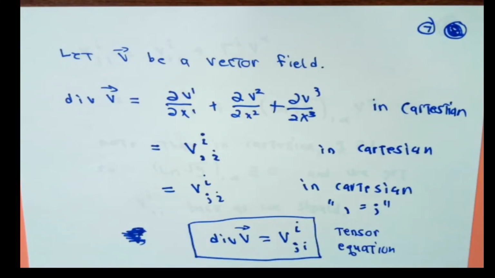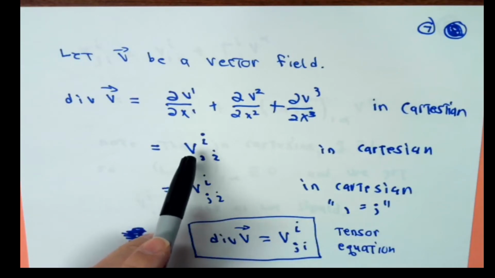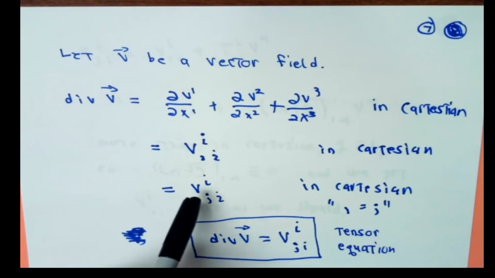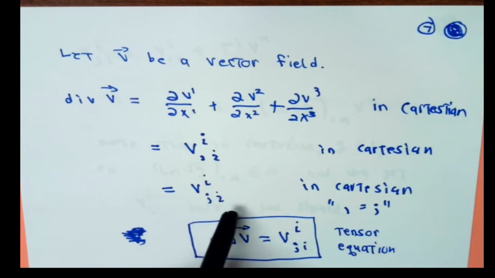If I want to write this in a tensor form, I'll say this equation is true in Cartesian. In Cartesian, comma and semicolon are the same thing. So in Cartesian coordinates, it is legitimate to say that the divergence of V is V^i semicolon i.